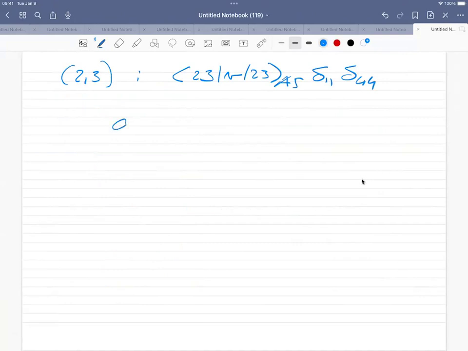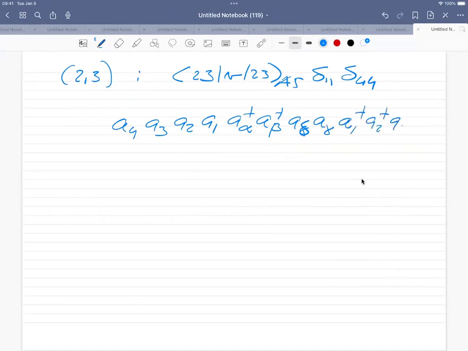So let me just rewrite that one so you can see that more clearly. It's delta gamma A1 dagger, A2 dagger, A3, and A4. So this particular case means that I'm interchanging the operators A2 and A3 with A1. So I'm performing this contraction and that contraction.